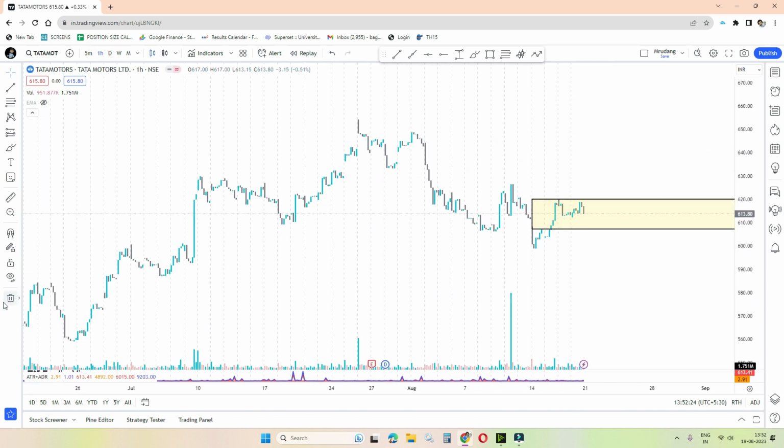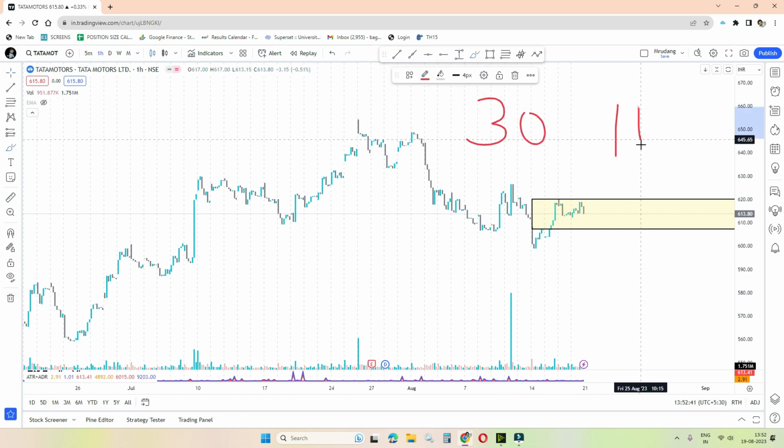Whenever you are trading for intraday, you should always do analysis on two time frames. Let's say your intraday trading time frame is 5 minutes, so you should do your higher time frame analysis on 30-minute or hourly time frame, 30 or 1 hour time frame. So I mostly use 5 minute and 1 hour. So that's what I will be using today.